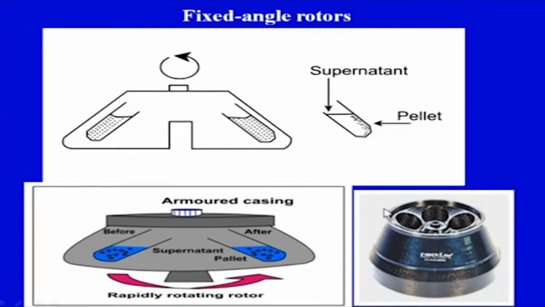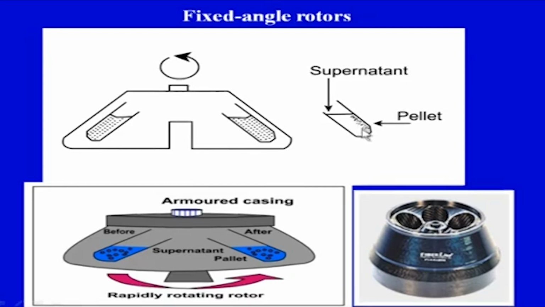All right, this is the representation of a fixed angle rotor. If you can see here, the tube is placed at a particular angle in a slot, and the axis of rotation rotates in this particular direction.